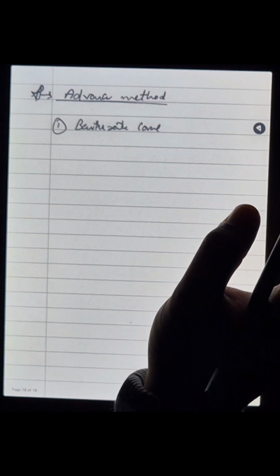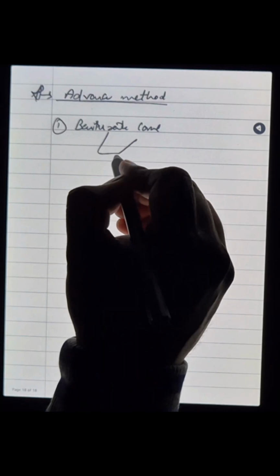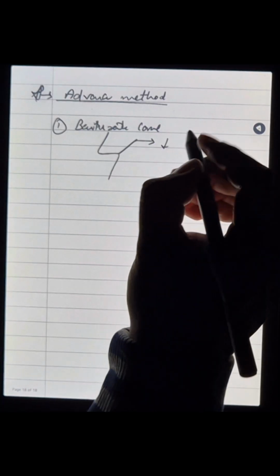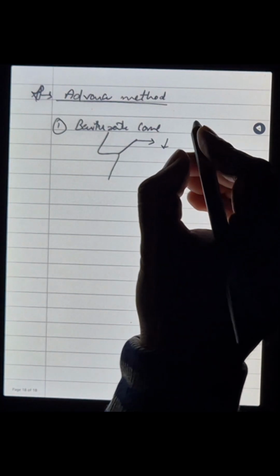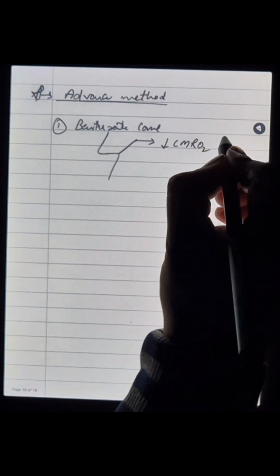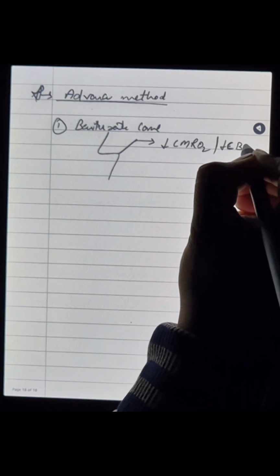In this, we use the agent called thiopentone sodium. Now, barbiturate coma will cause a few things. For one, it will decrease the cerebral metabolic rate of oxygen, which eventually decreases the cerebral blood flow.